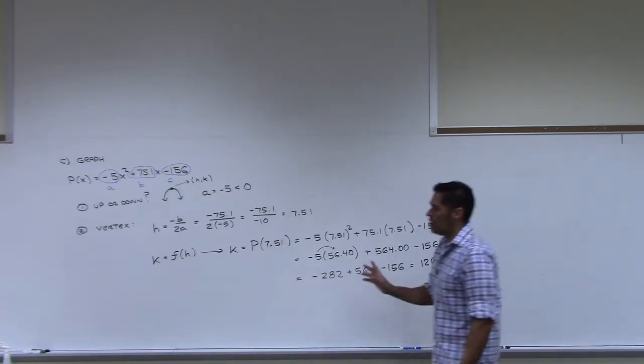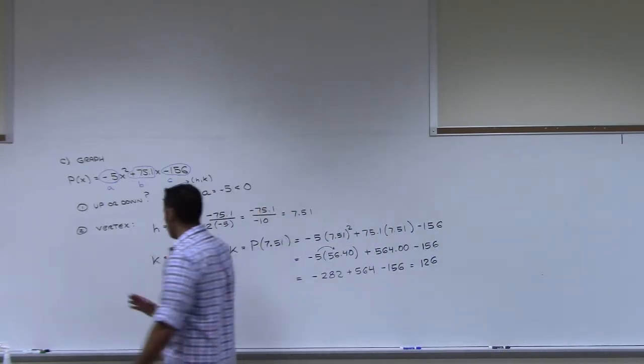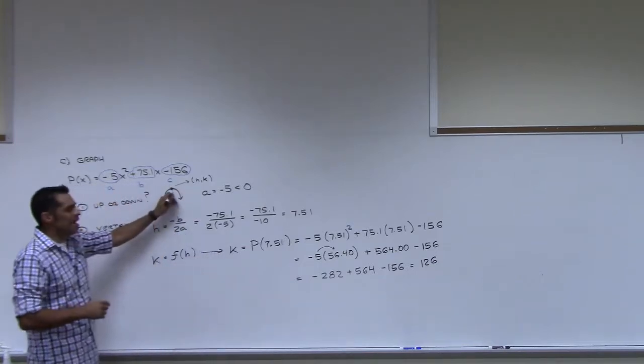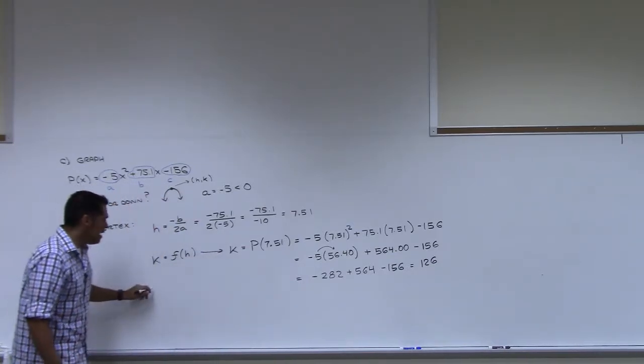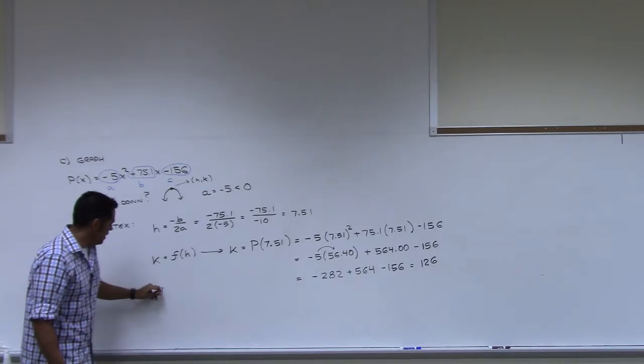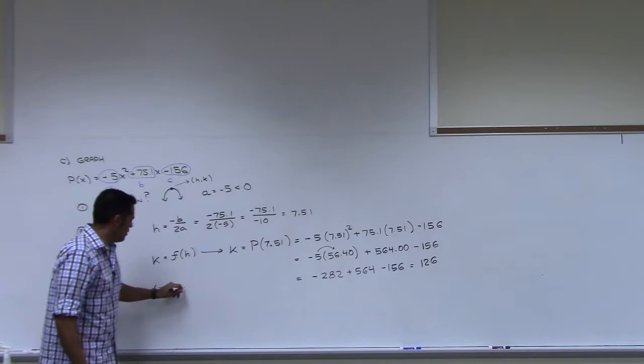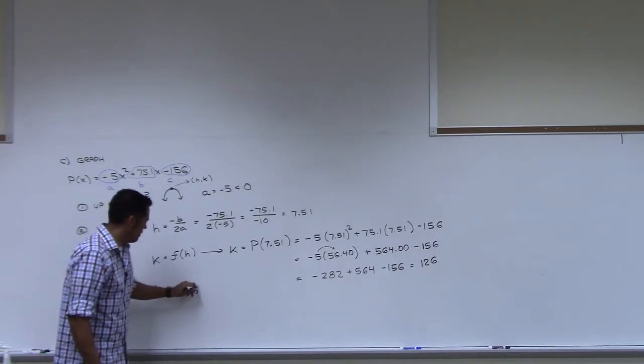All right, so my vertex. Remember, my vertex is a point on my graph, right? It's actually that highest point. And that highest point occurs when the x is 7.51 and it spits out an answer of 126.